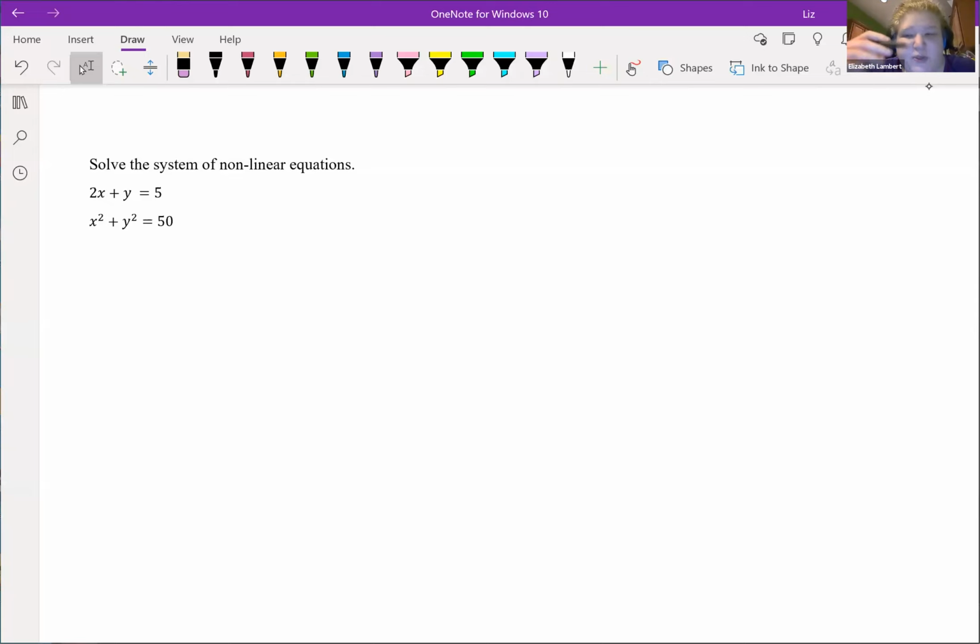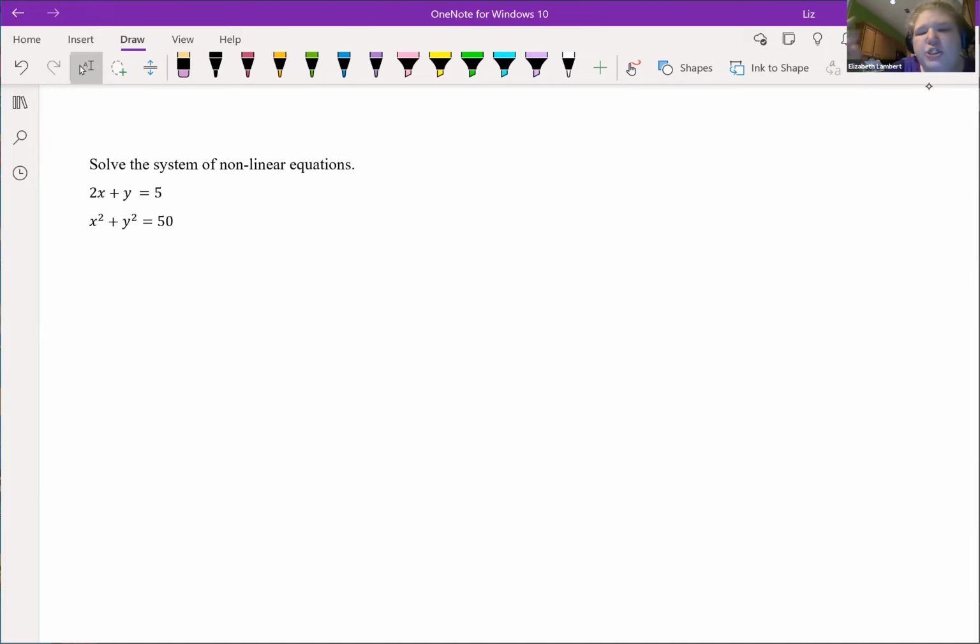The first one is linear. It is a line. In the second one, x and y are both squared, but there are no other numbers next to them, so that's how I know it's a circle. All we want to take away is that if both x and y are squared, it gives us the possibility of up to 4 solutions typically.